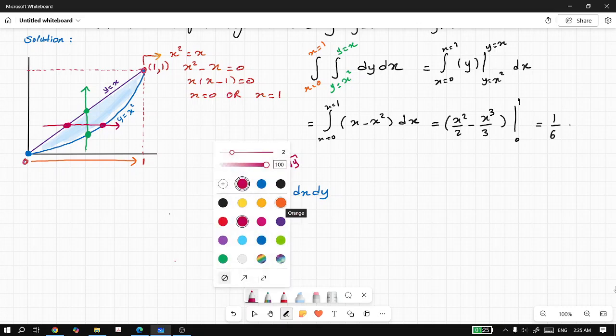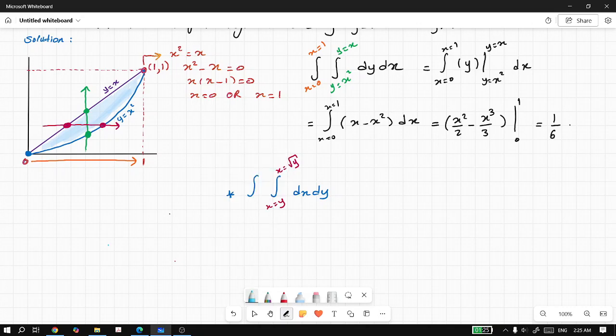Now we are moving to the values of y. We found the limits of x, now finding the limit of y. If you see the area that we have got, it runs from 0 to 1.